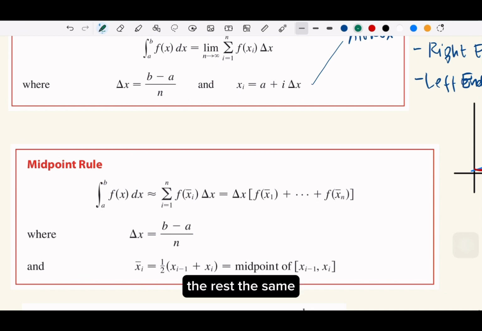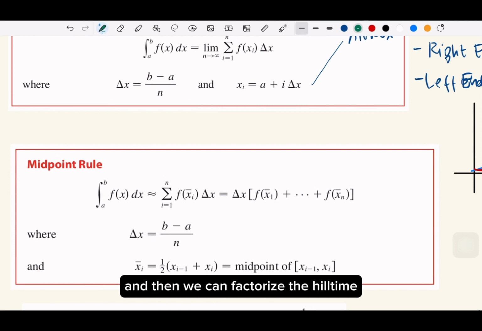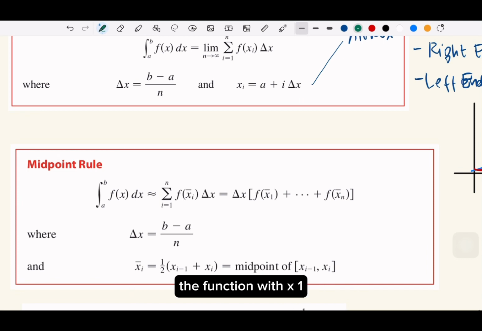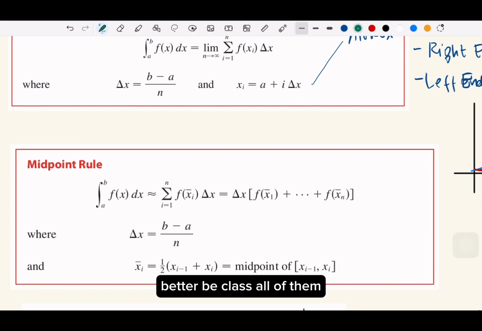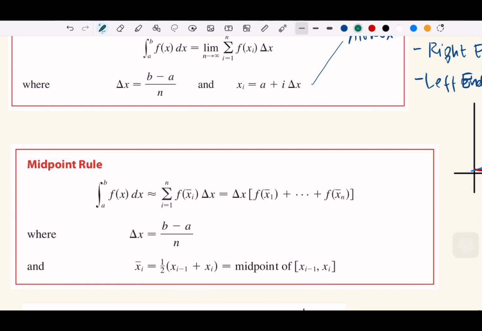The rest is the same. So we focus on calculating the sum, and then we can factorize the delta x, and then we just add all the heights, the function, okay, with x1, 2, 3, until n. It depends on what we are going to approach, whether maybe 10 rectangles or 15 rectangles, and then we add all of them. Okay.